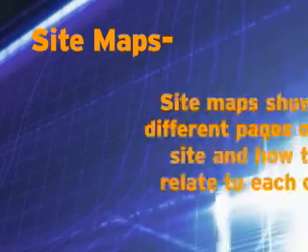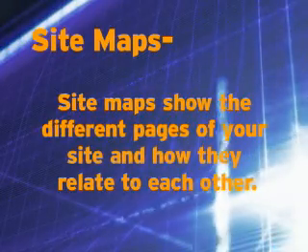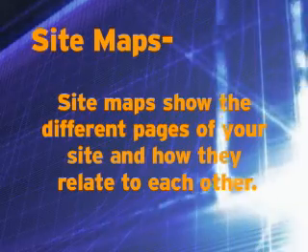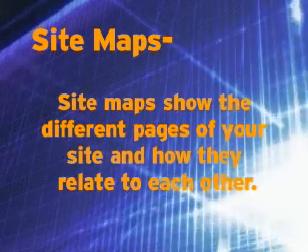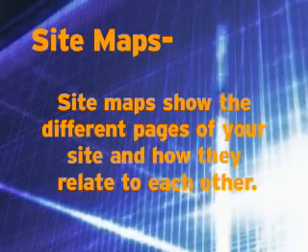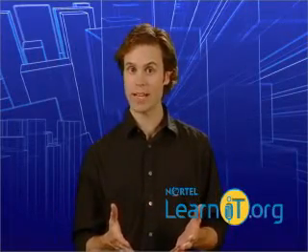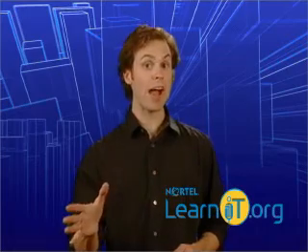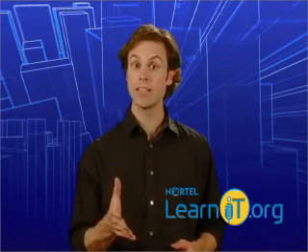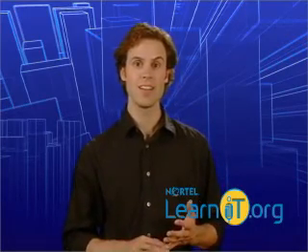A sitemap is a simple document that shows the different pages of your site and how they relate to each other. You use this to structure your website and to manage the files you'll need to create to build that site.